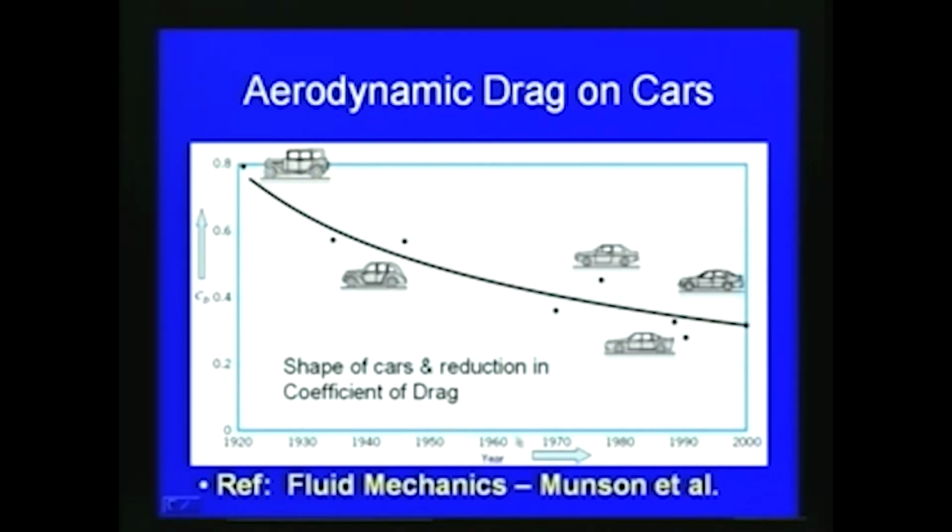And again in the 1950s or 60s or 70s, various experiments were conducted, and again different shapes were designed, the shape of the car itself being different. You can see the coefficient of drag is reduced. So, starting from 0.8 in the 1920s, then in 2000 the aerodynamic drag on a car is about 0.35 or 0.4 range, depending upon the shape of the car.